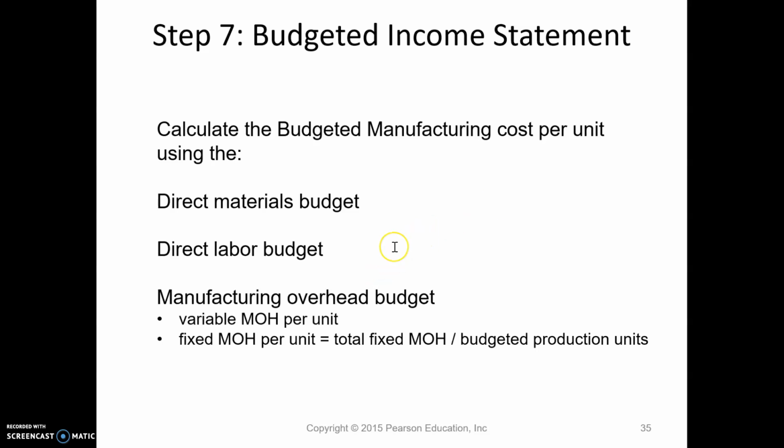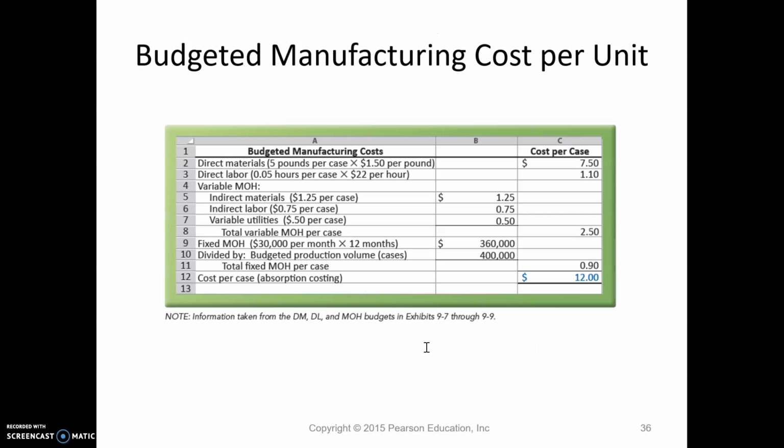The direct labor, we take the number of hours, the time it takes to make one unit, times the hourly rate. The manufacturing overhead budget, we take the variable overhead per unit, and then we can get the fixed overhead per unit by taking the total fixed manufacturing overhead and dividing that by the budgeted units. So here's an example of getting our budgeted manufacturing costs.